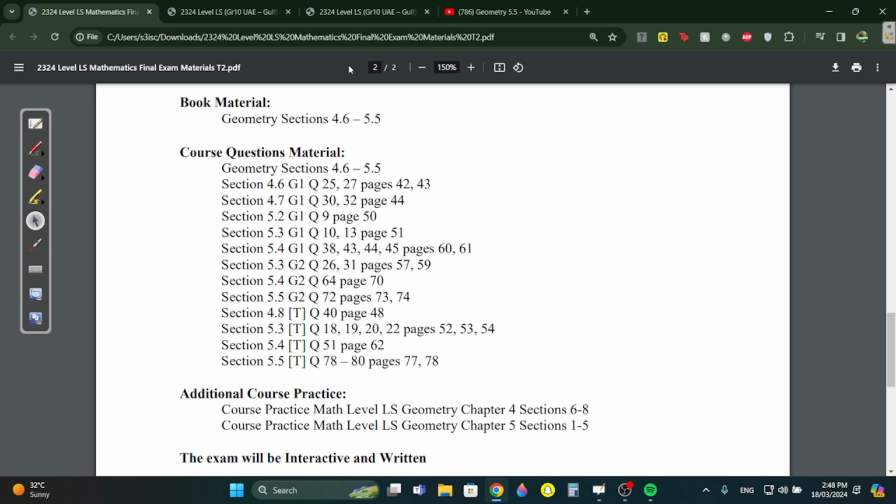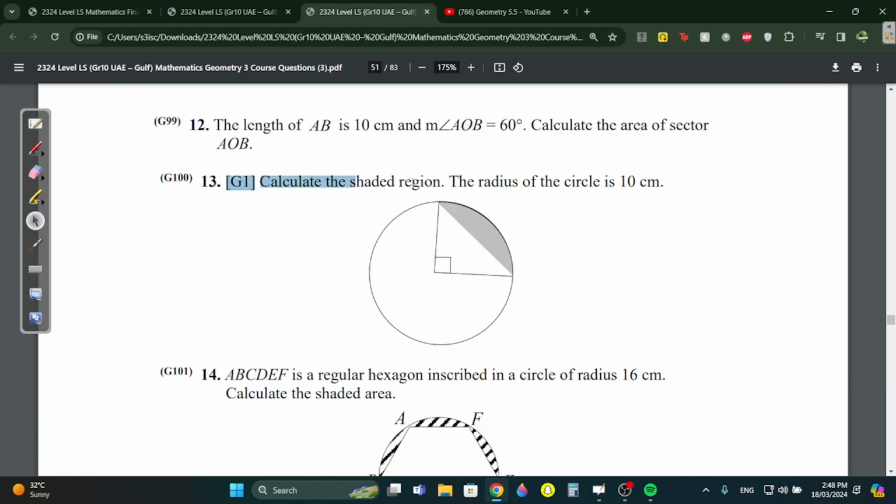Question 13: calculate the area of the shaded region if the radius is 10. This was in the quiz. I think these questions will come in the computer part. The shaded region would be the whole sector, right, minus the triangle. So it will be sector minus the triangle, if you remember.